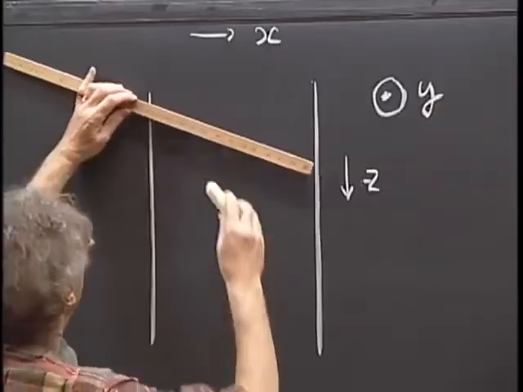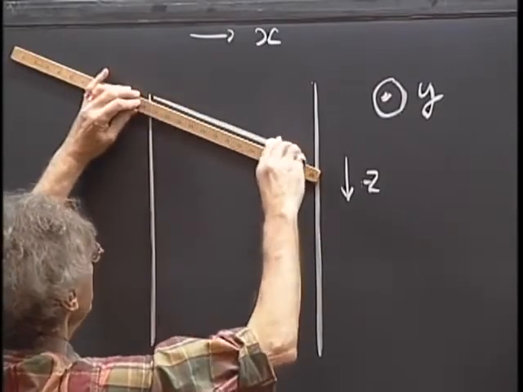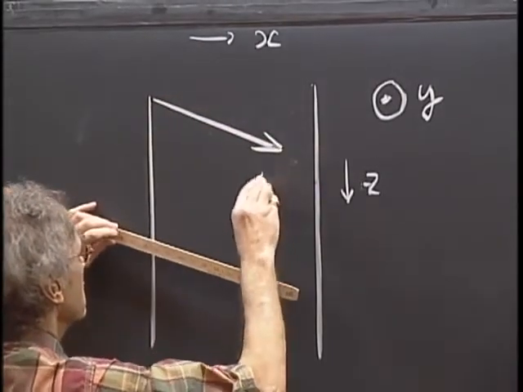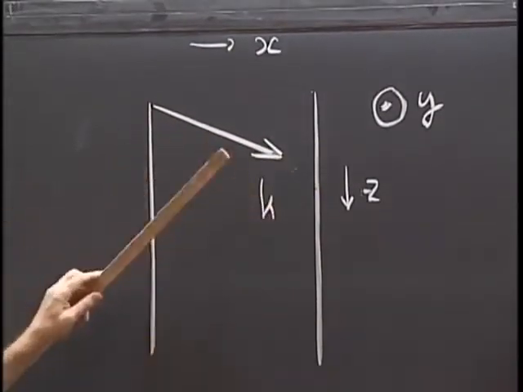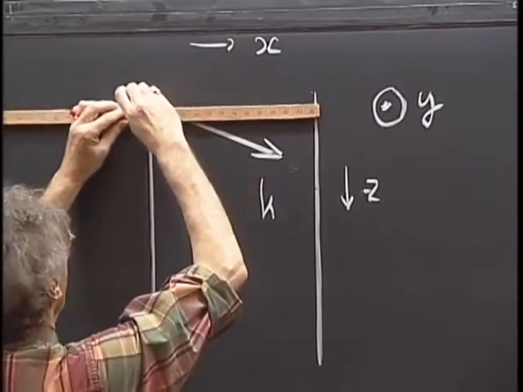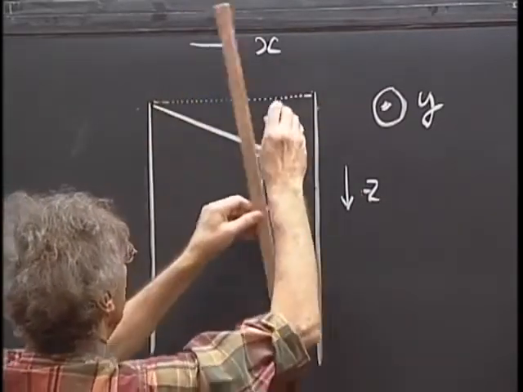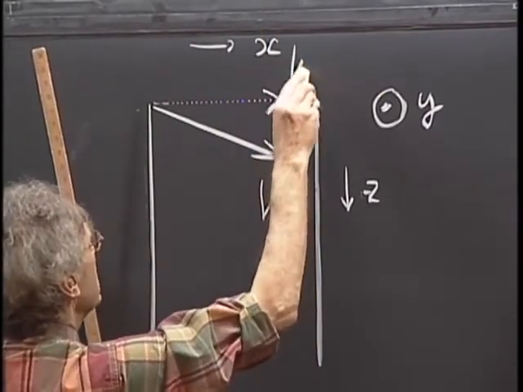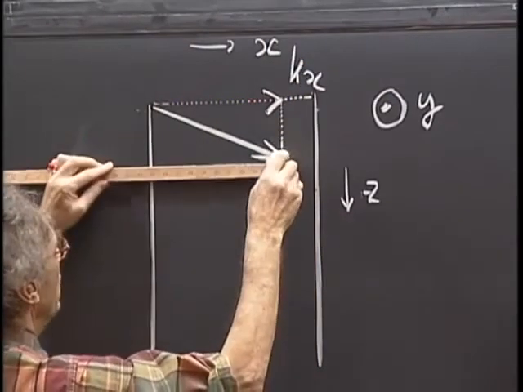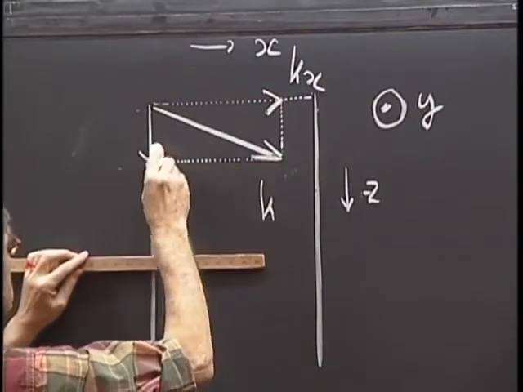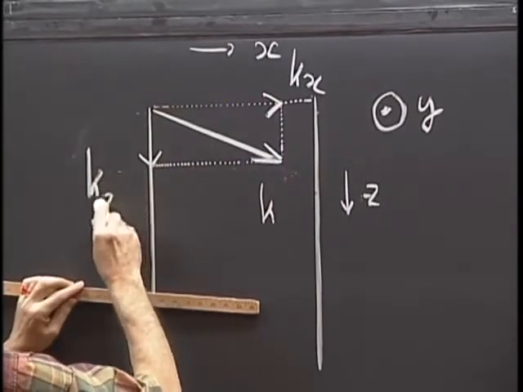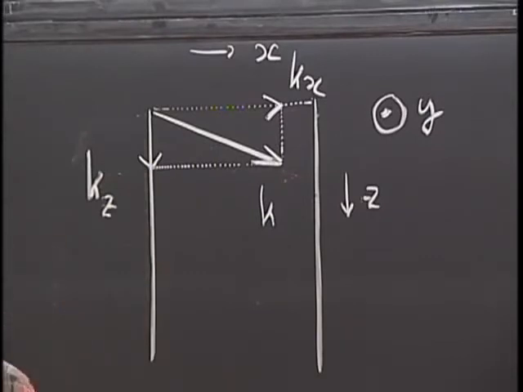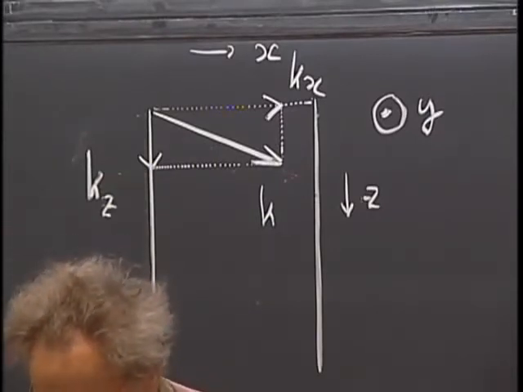So let the k vector be this. This is a vector. So this k vector has a component in the x direction, which is k of x, and it has a component in the z direction, which is k of z, but it does not have a component in the y direction. K of y is 0.